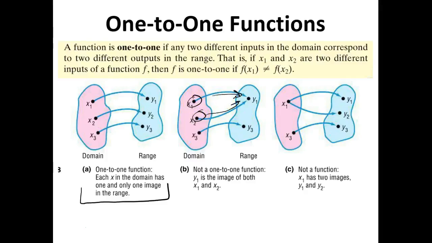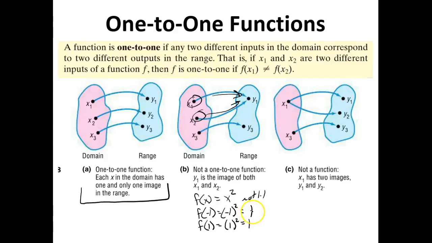An example of a function that's not one-to-one: if f of x is equal to x squared, this is not one-to-one because I can put in a negative 1, and I get out 1. I put in a different number, a positive 1, and I still get 1 out.